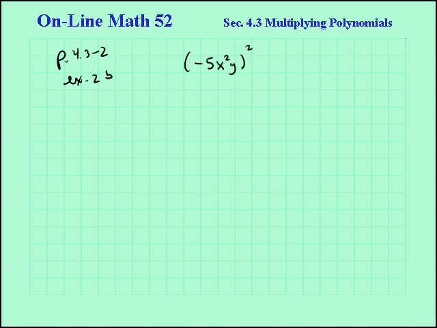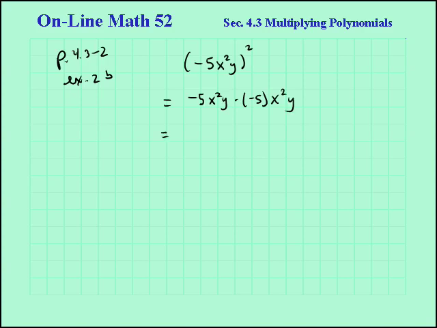What happens when we're squaring a monomial, when we multiply a monomial times itself? Well, multiplying it by itself really is the way to go about this. That's negative 5 x squared y times, I'm going to put this negative 5 in parentheses so that it doesn't look like we're subtracting anything, because we're not. It's all multiplication, and x squared y.